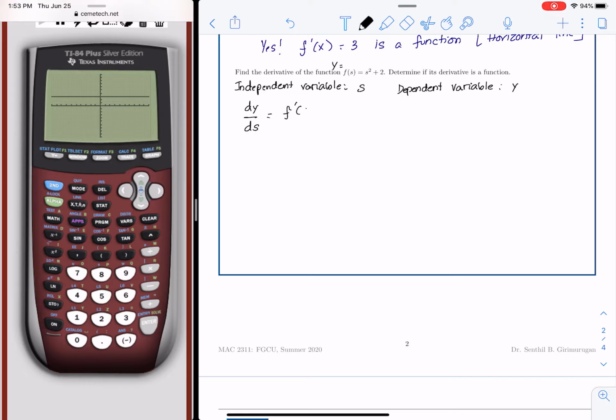We can call it f prime of s. We always take the derivative of the dependent variable with respect to the independent variable. So limit h approaches 0, f of s plus h minus f of s divided by h. Replace all the s by s plus h squared, s plus h.